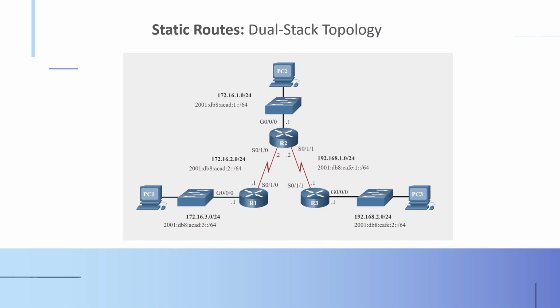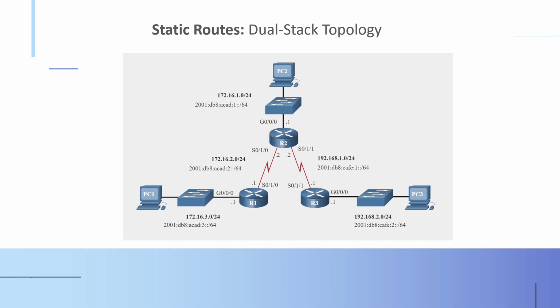Router 1 and router 3 are each connected to a single LAN, and router 2 is connected to a LAN. We are trying to configure the static route to show how a router adds a static route in its routing table.